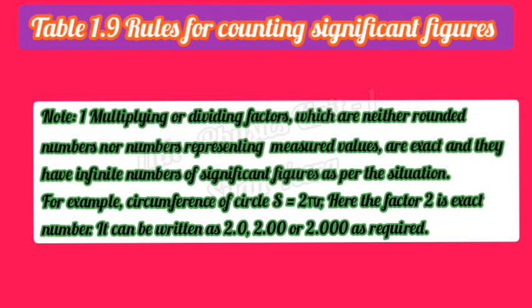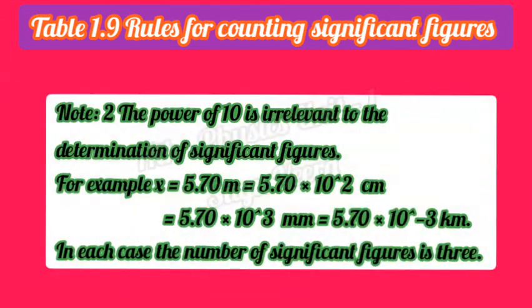Here the factor 2 is an exact number. It can be written as 2.0 or 2.00 as required. Note 2. The power of 10 is irrelevant to the determination of significant figures.